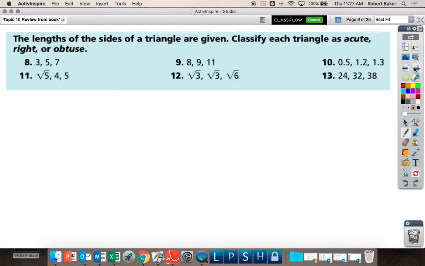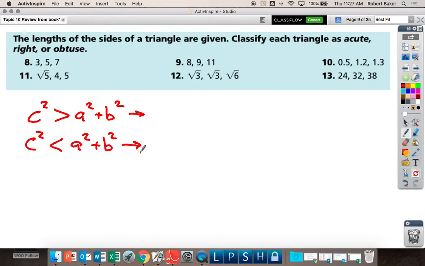Okay. All right, you might want to write this down somewhere. We did this. This should have been part of your notes already.